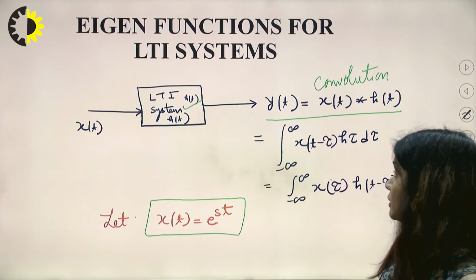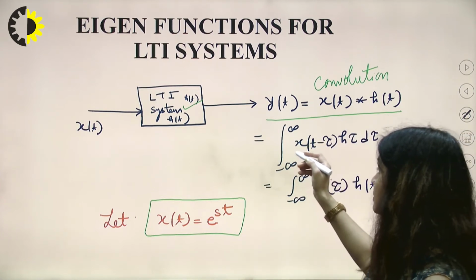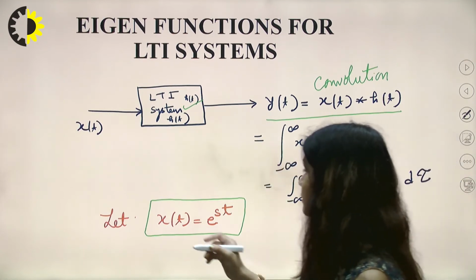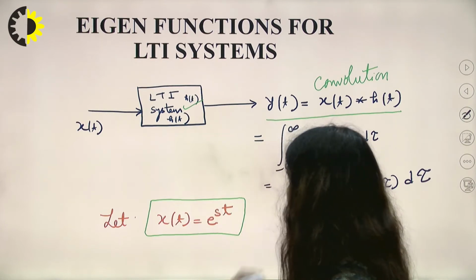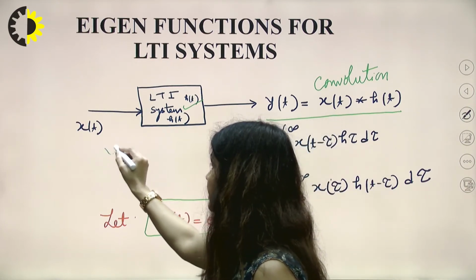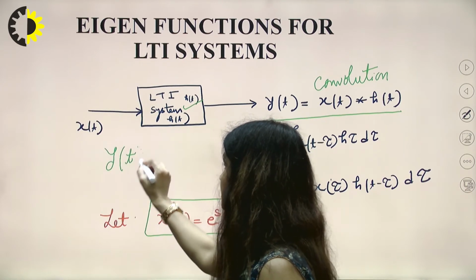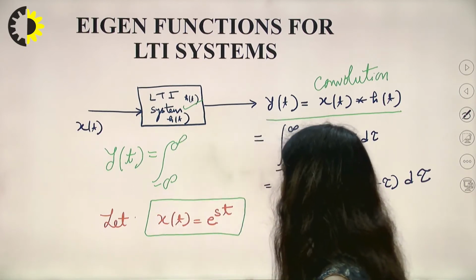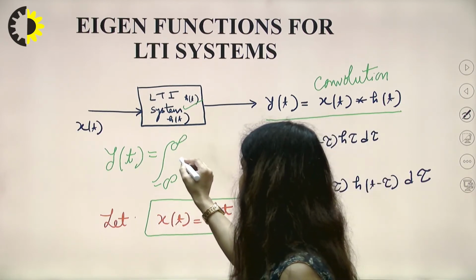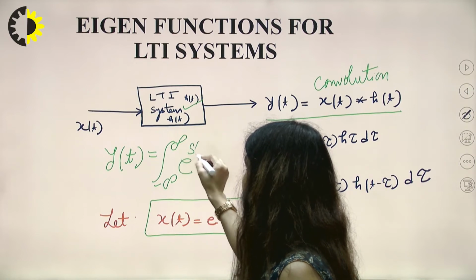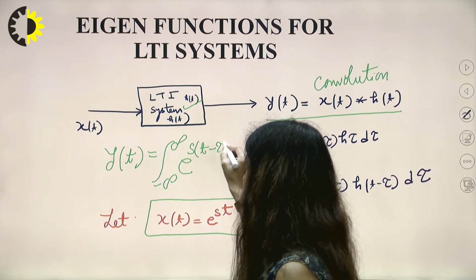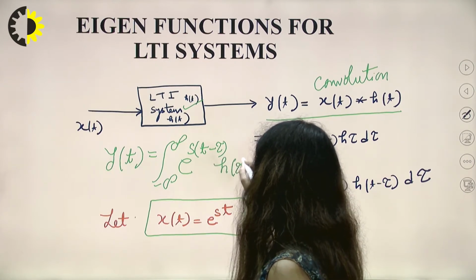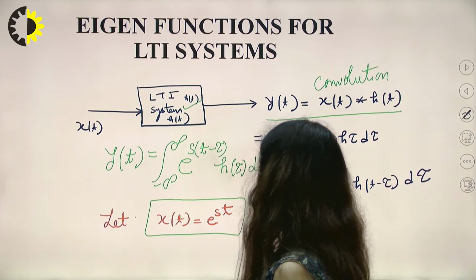So in this formula, I would like to write this particular calculation. For this particular input, when h(t) is known, I will write y(t) is equal to the integral from minus infinity to plus infinity of x(t minus tau), that means e^s, in place of t I will just put t minus tau, h(tau) d tau.